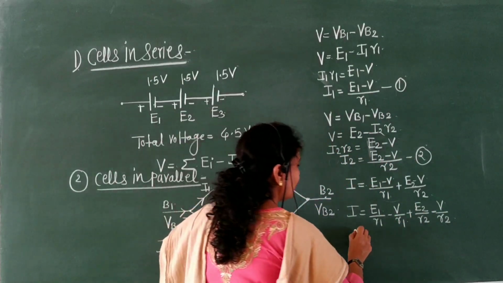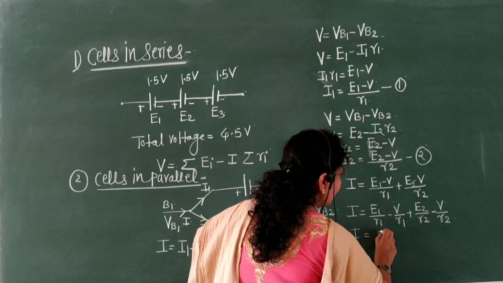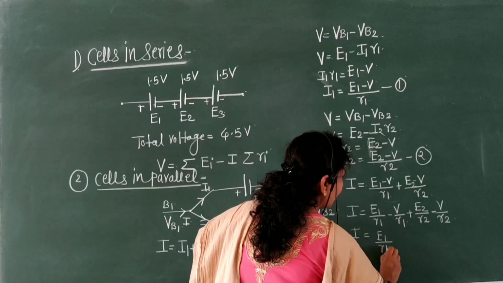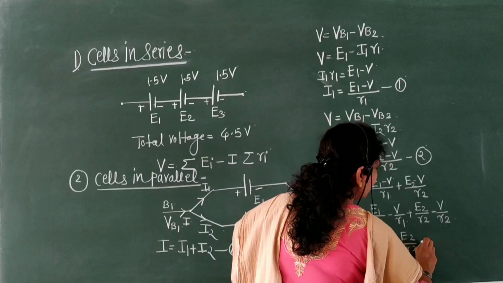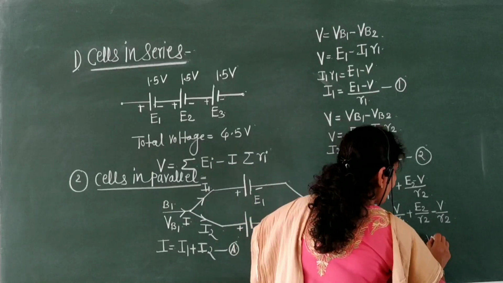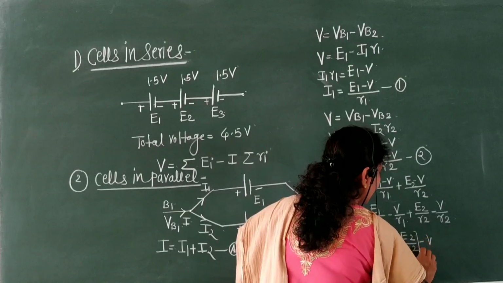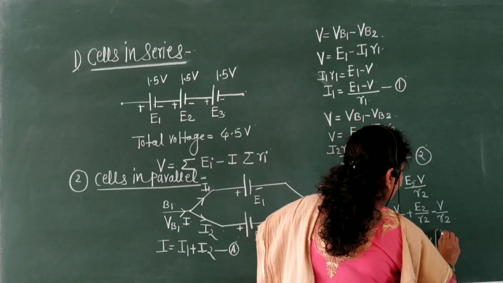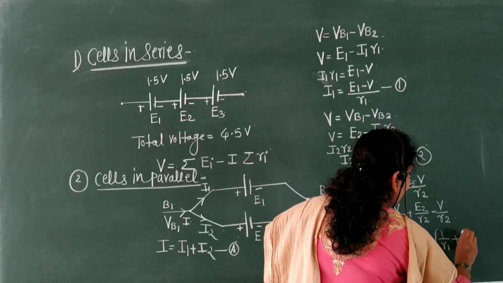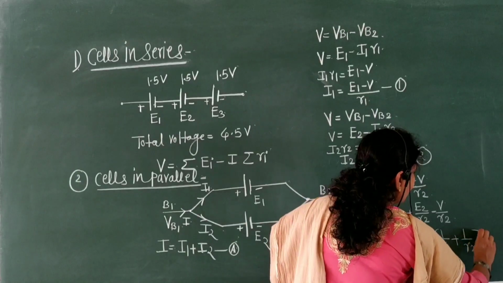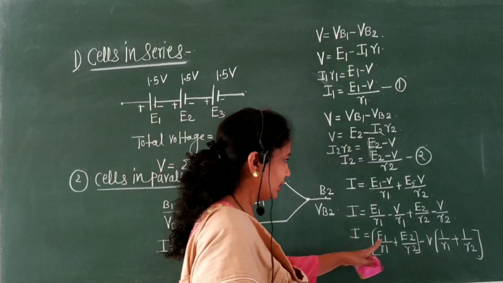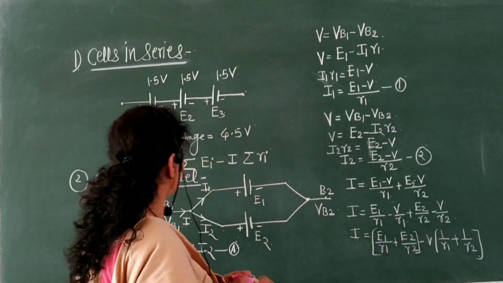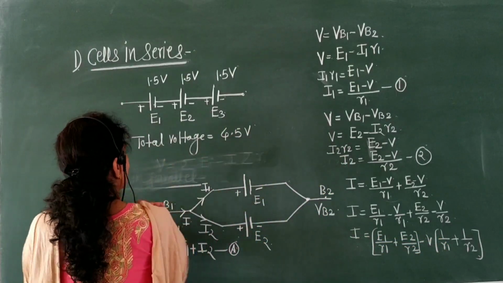Okay. Therefore, I is equal to E1 upon R1 plus E2 upon R2 minus V, which is common. In the first bracket we get V common, 1 upon R1 plus 1 upon R2. This is the value of I.